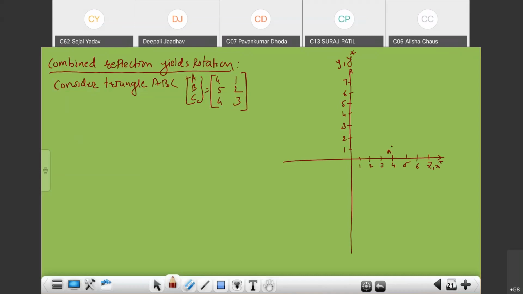It is A. 5, 2. It is B. And 4, 3. It is C. That is our original triangle ABC. Now we are going to make two reflections. The first, reflect it about x-axis.